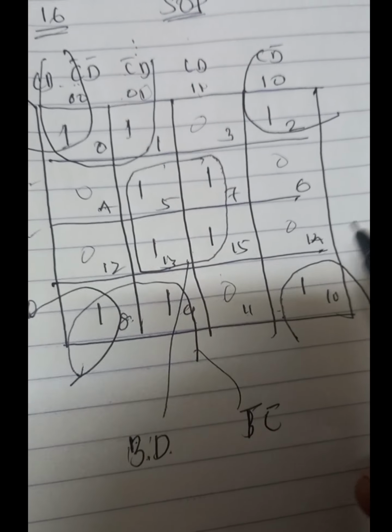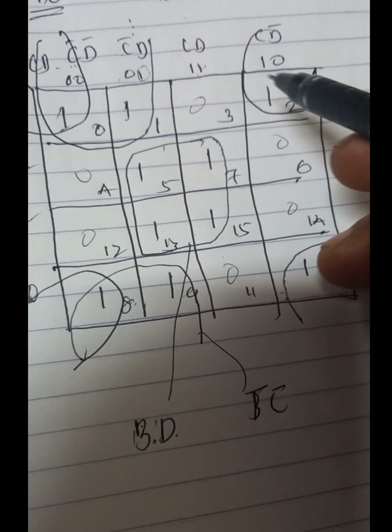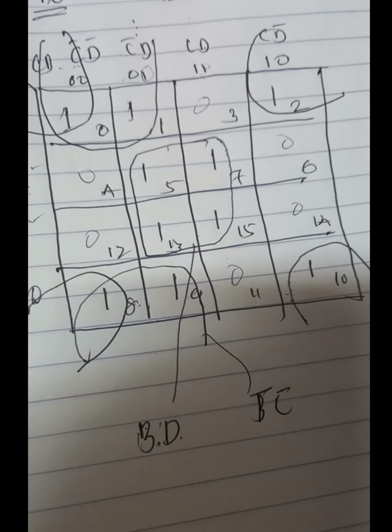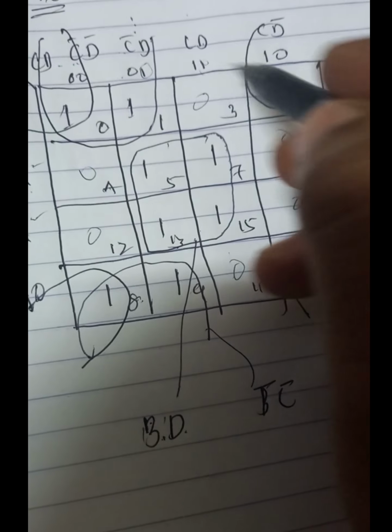Then next we go for the corner cells. The corner cells become another quad group. These 4 corner cells belong to the first row and the fourth row. The common term between the first row and the fourth row is B bar.